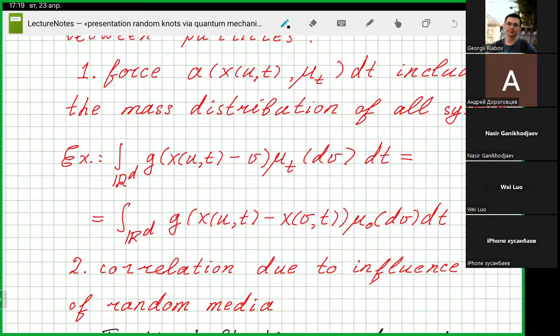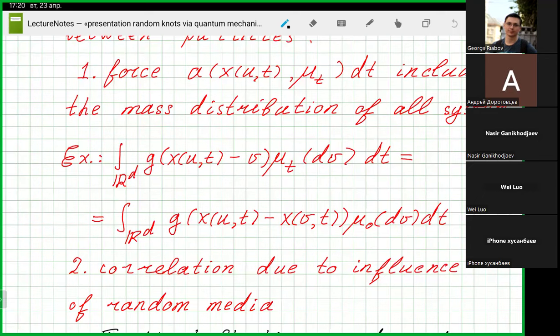In this case, J is like a force which exists between two particles placed at the points x_u(t) and x_v(t). And by the way, it was my idea with van der Waals, with the model of van der Waals force. And in this case, I tried J of different shape, but the results were not sufficient.